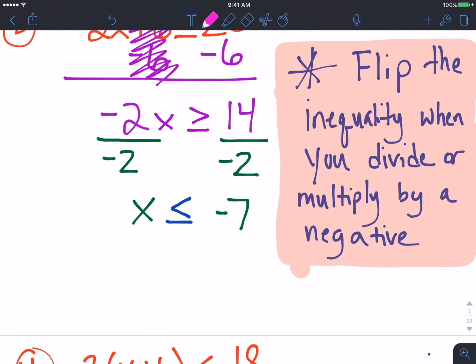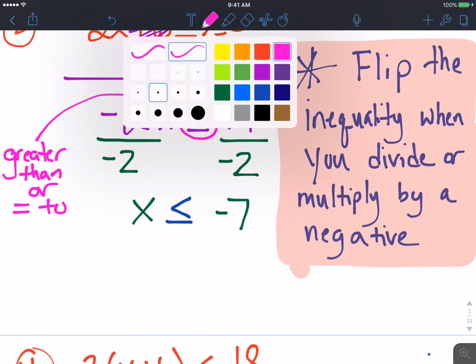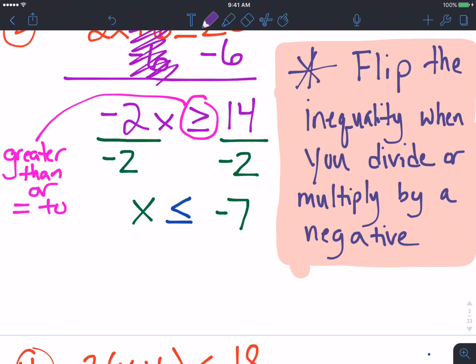And if you actually notice, this sign over here says greater than or equal to, and my new sign is not greater than or equal to, it's less than or equal to.